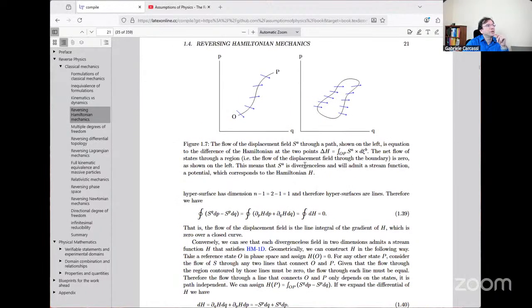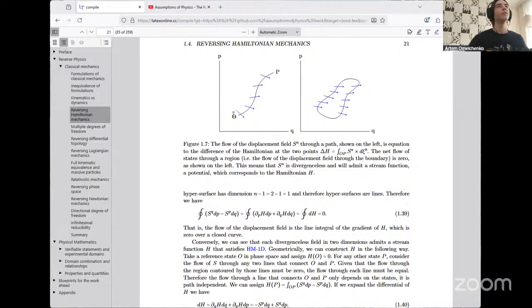Wait a second. Let's read the footnote of the figures, because it again explains better what's happening in the geometry. Okay, so we have figure 1.7. The flow of the displacement field SA through a path shown on the left is equal to the difference of the Hamiltonian at 2 points, and you can read that.